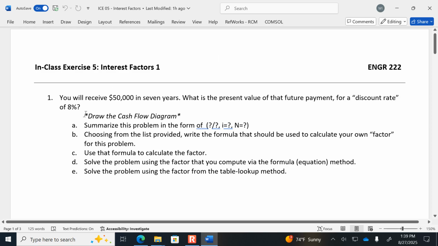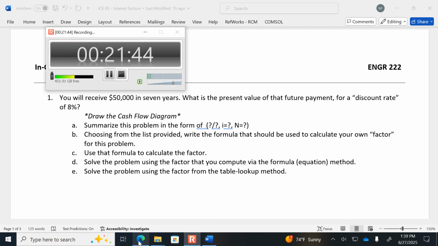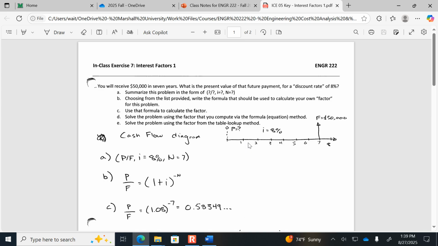It's always a good idea to start by drawing a cash flow diagram when you're working on a problem. It helps you to see if you understand what's going on. The cash flow diagram is that we have some unknown amount. We want to know the present value of the future payment.